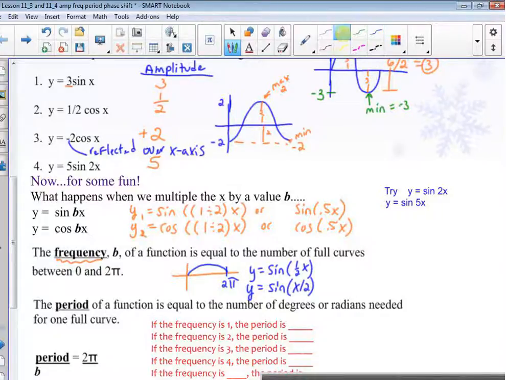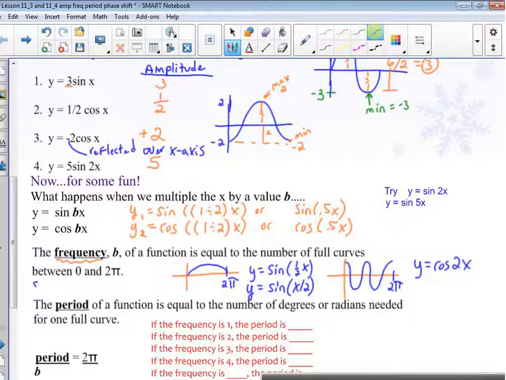If you're seeing a cosine curve, and out here is 2 pi, and you see 1, 2, there's 2 complete cosine curves, that's going to be y equals cosine 2x. Okay? So it's how much of a complete curve you're getting in from 0 to 2 pi.